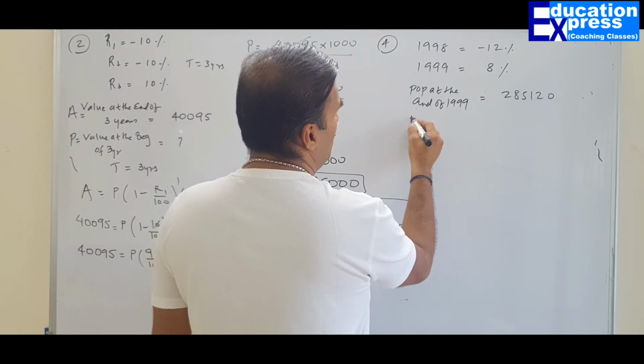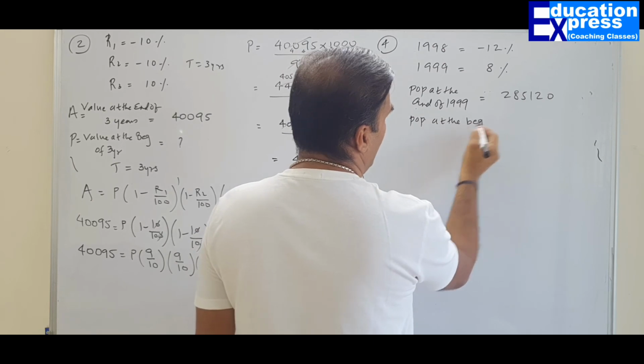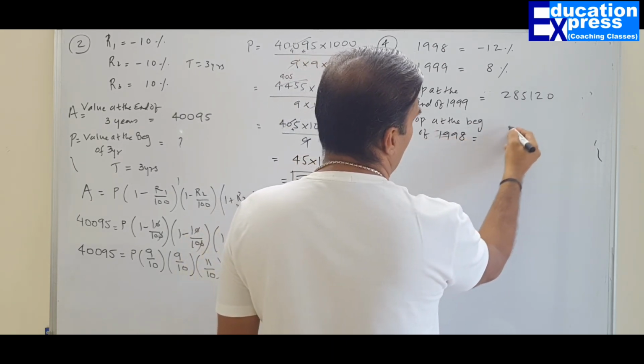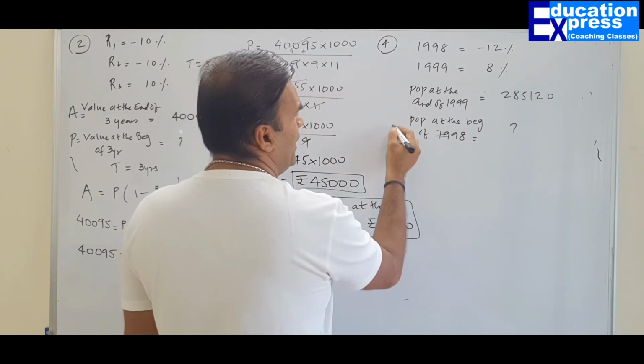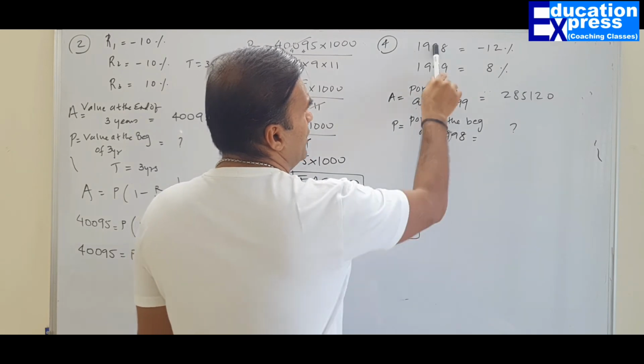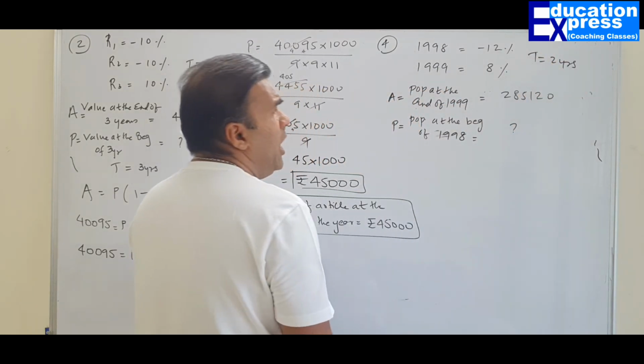What we have to find is the population at the beginning of 1998. 1998 will be the principal, 1999 will become the amount, so the time duration is 2 years.